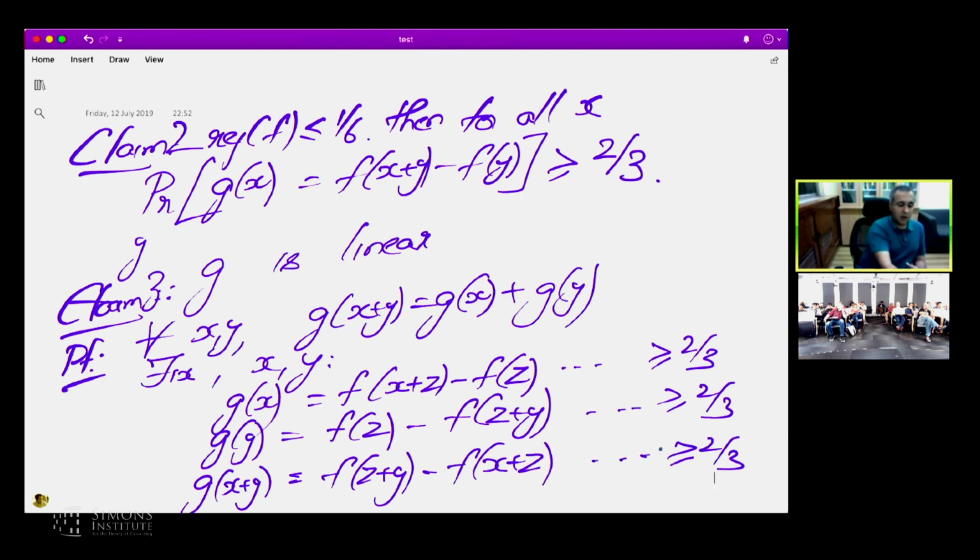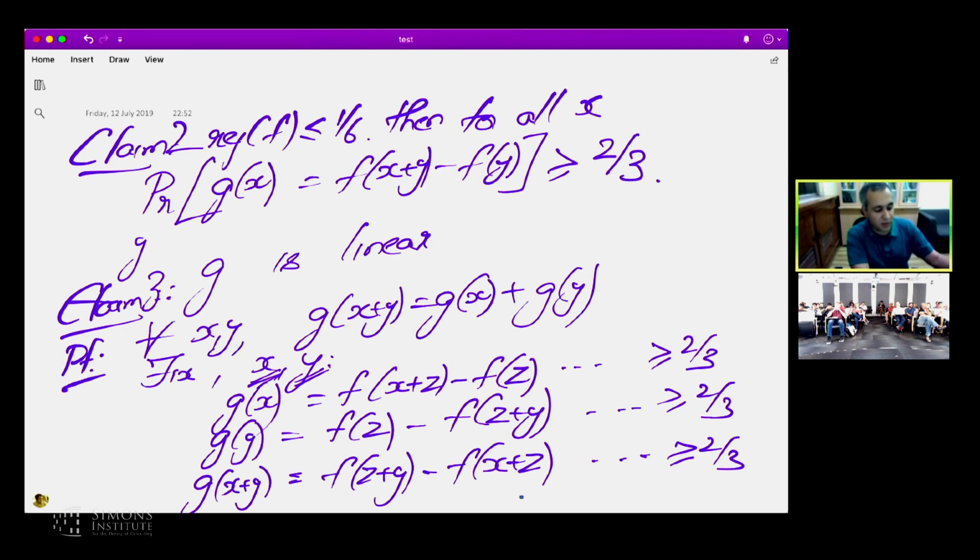Now if you sum all three equations, you get 0 on the right hand side and the required thing, and that happens with probability strictly greater than 0. So there is some z that witnesses this, for every single x and y, even adversarially chosen, that g of x plus g of y is g of x plus y.